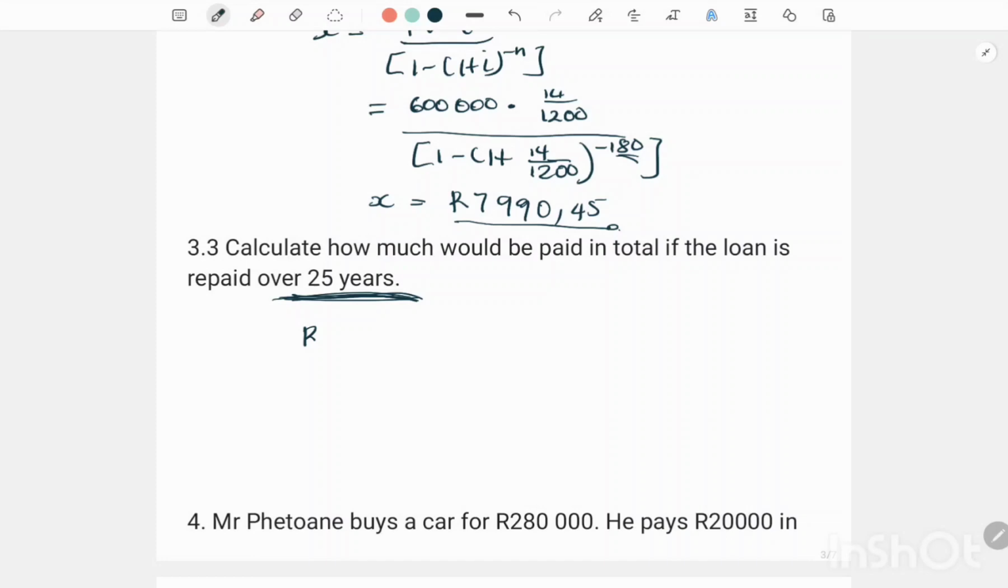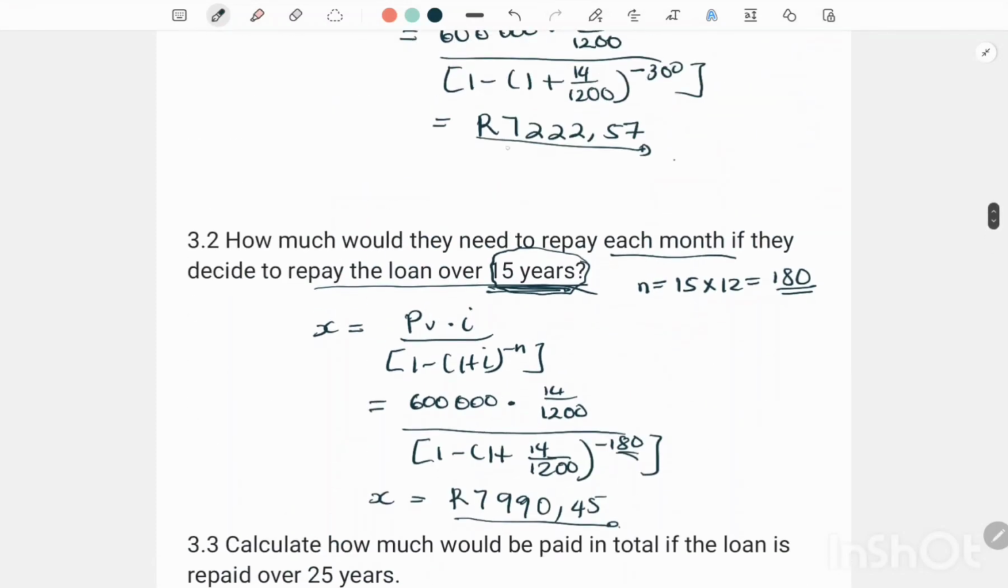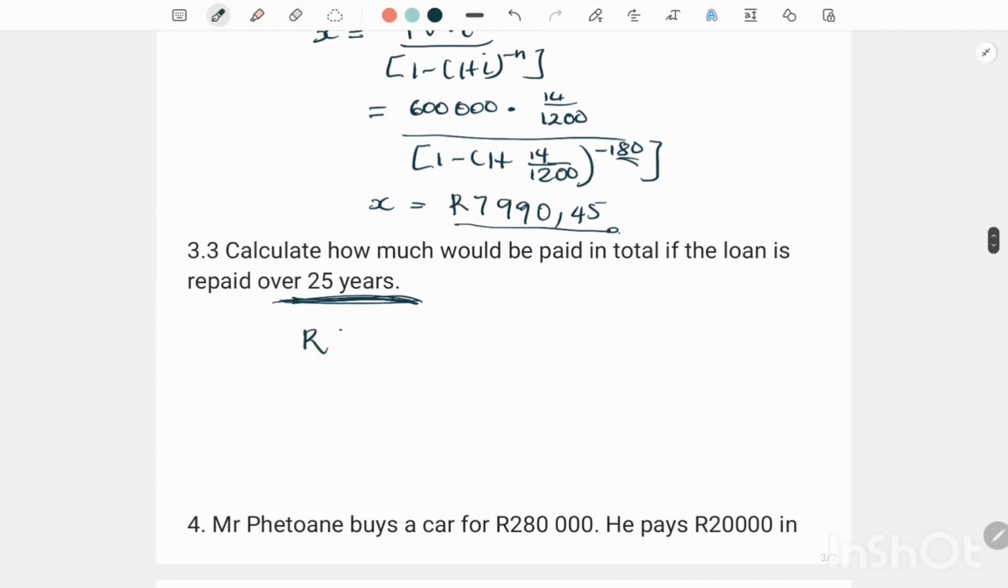So it's going to be for 25 years, right? So you're going to use that monthly payment, 7,222.57, multiplied by the number of payments. In total there will be 300 payments for 25 years.